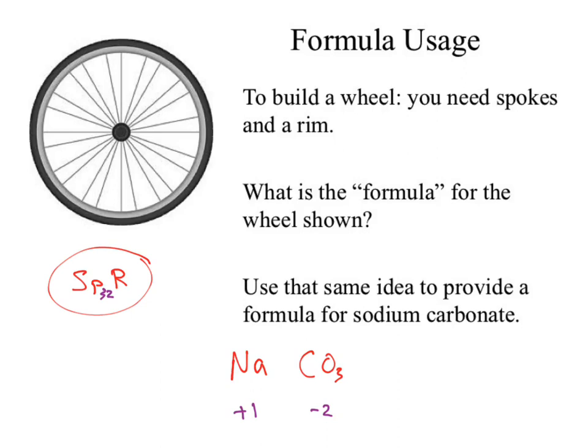How do I fix it? I need 2 sodiums. Now my formula is correct. Now I can interpret how many sodium pieces went into sodium carbonate. Okay? This is why we have to understand nomenclature and how those pieces come together to create that larger formula. Okay?